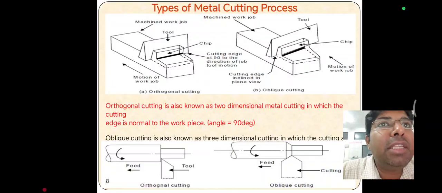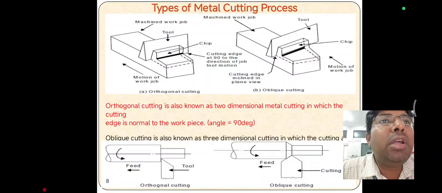In this case, the cutting edge is inclined relative to the workpiece, meaning the cutting action occurs at an angle that is not 90 degrees. This inclination, known as the inclination angle, influences the cutting dynamics, making the process more complex but also representative of real-world machining situations.